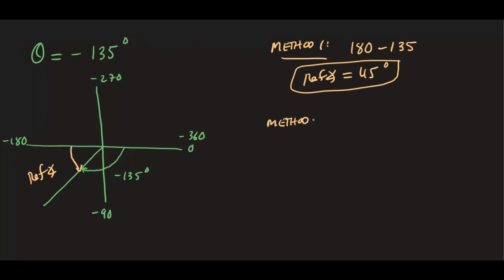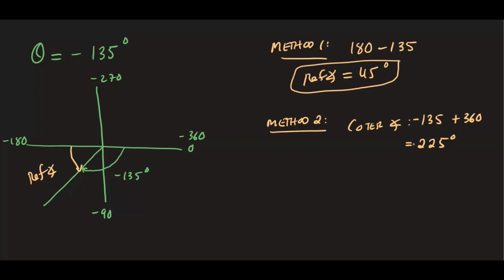But now what if you want to do it using the idea of coterminal angles? Since the angle is negative, you want to use the idea of coterminal. So what is an angle that is coterminal with negative 135? Well, what we're going to do is take negative 135 plus 360. That would give me 225 degrees.